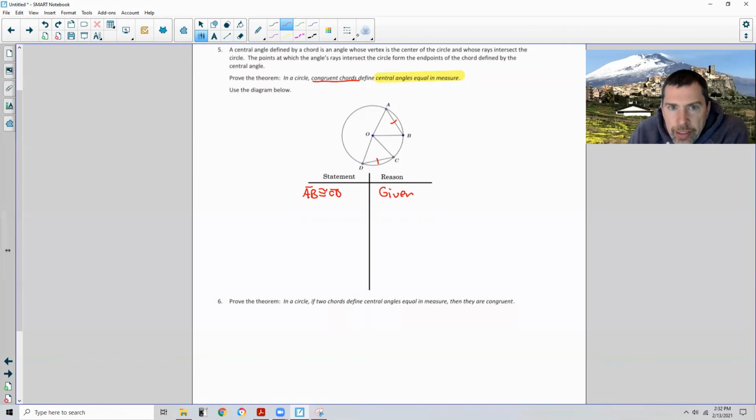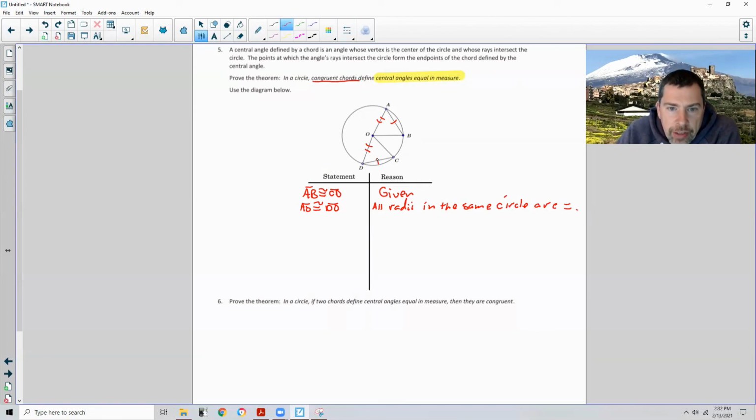Okay, now I can say AO is congruent to DO. All radii in the same circle are equal in measure.